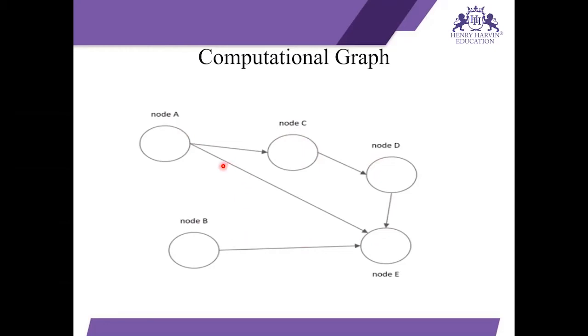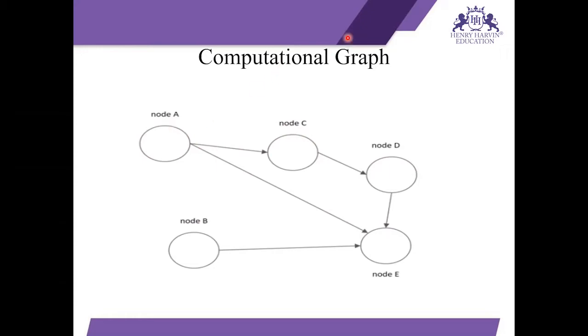Here, data flows from one node to another node. We are talking about a computational graph. So what is a graph? A graph is nothing but connected nodes. So here the data flows from one node to another. In each node, we do a mathematical operation.